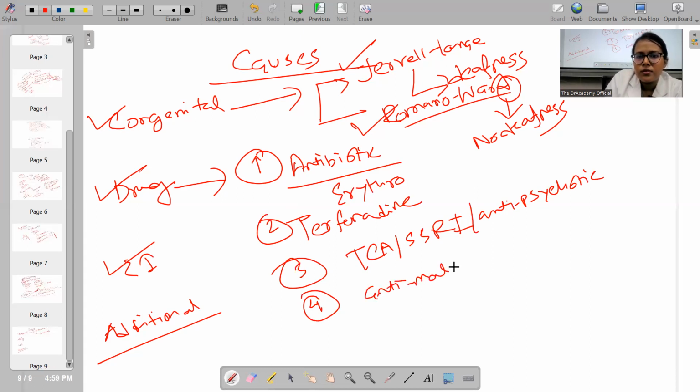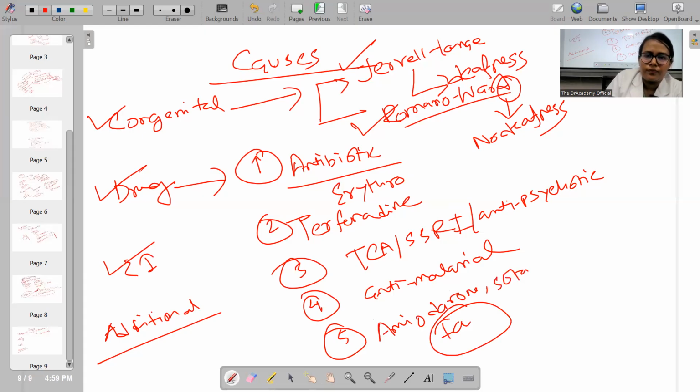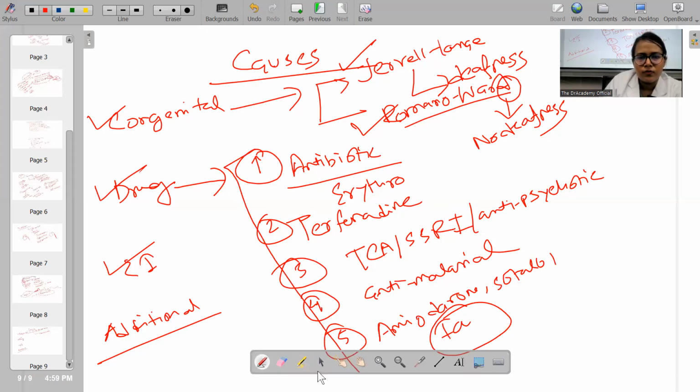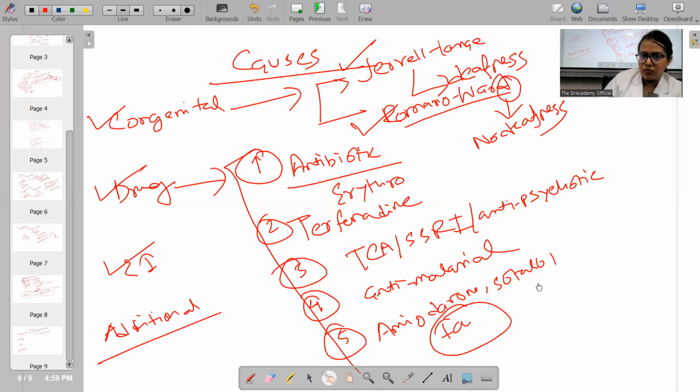Antimalarials can also cause long QT. Number 5 would be antiarrhythmic drugs, among these amiodarone, particularly the class 1A antiarrhythmics, and sotalol. These are the particular drugs that can cause polymorphic VT or long QT. I'll give you a scenario a bit later on.